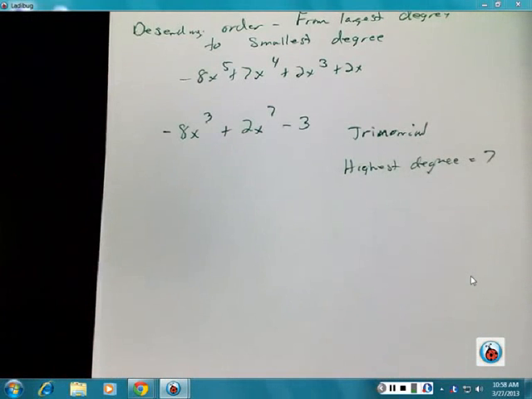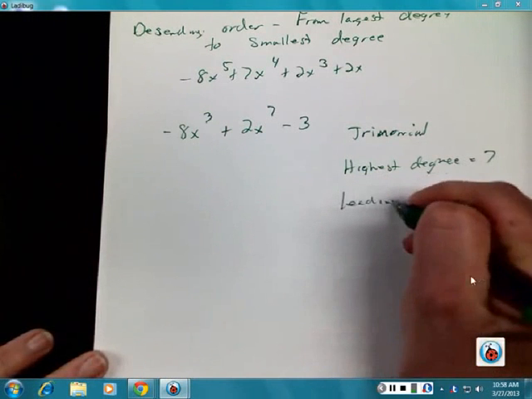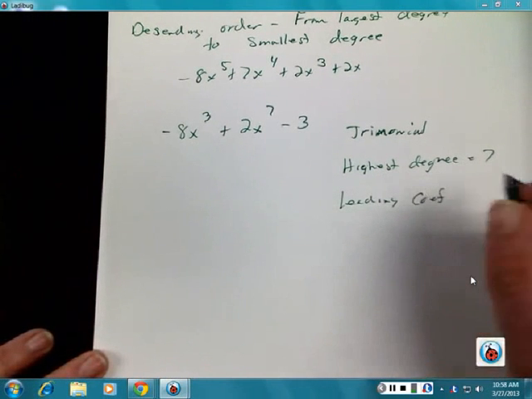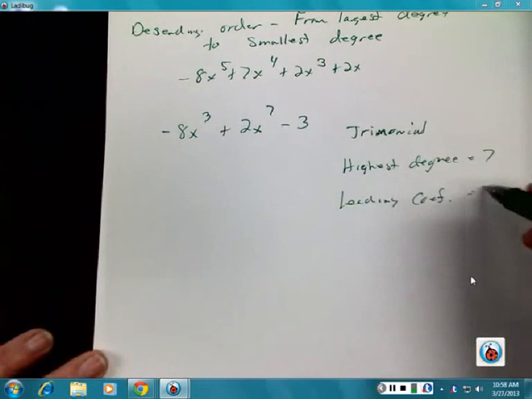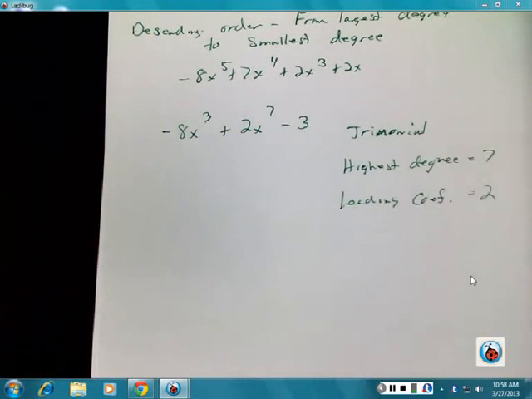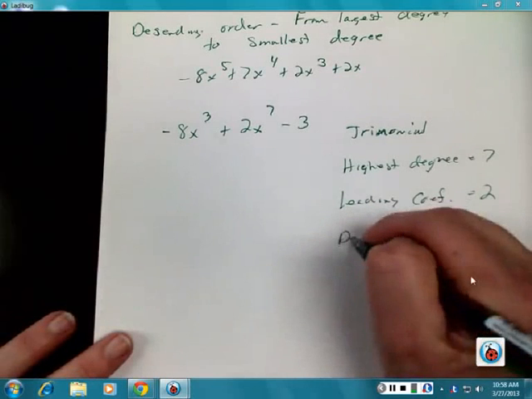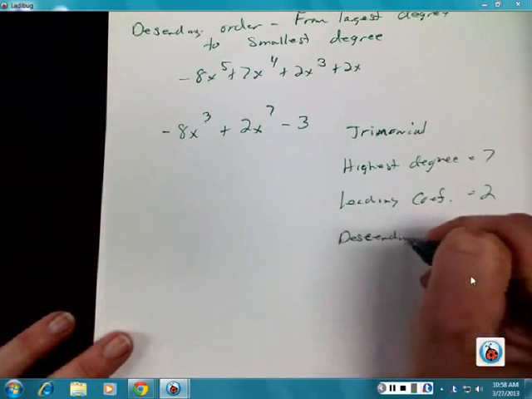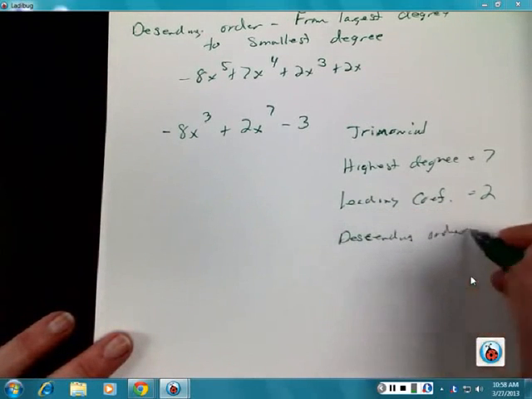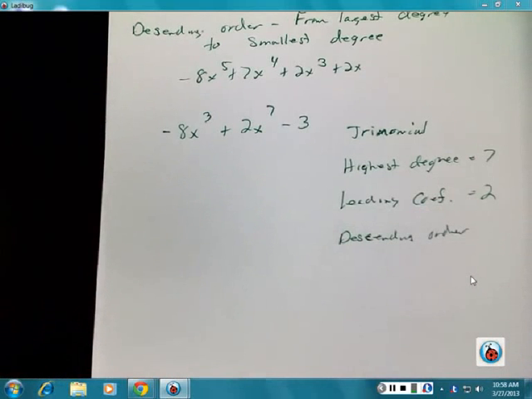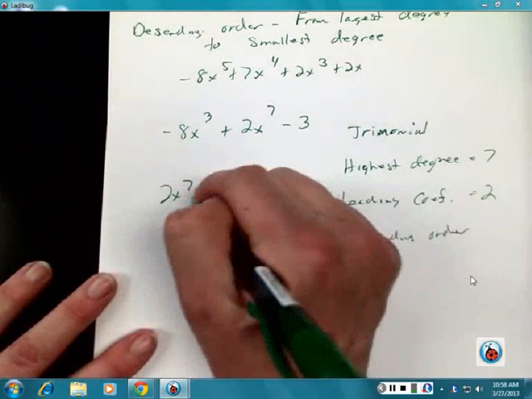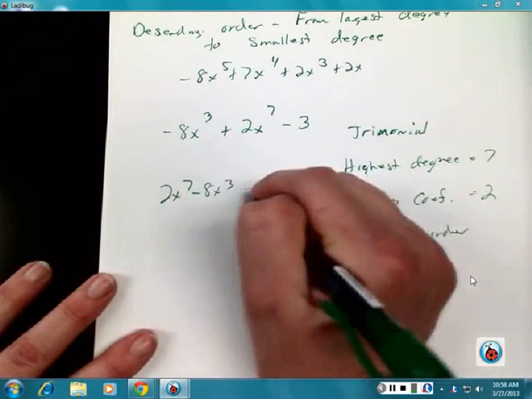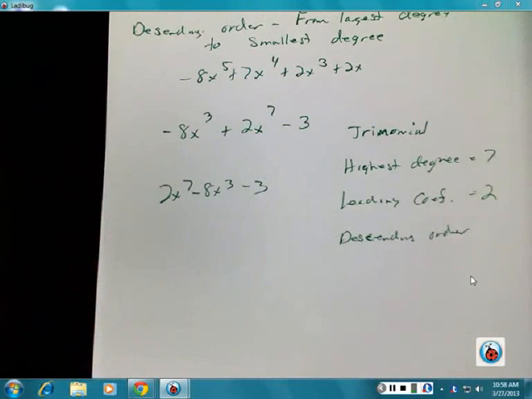What is its leading coefficient? You said 2. You don't have to put the x to the 7th, just the number that's out in front. And in descending order: 2x to the 7th plus negative 8x to the 3rd, minus 3.